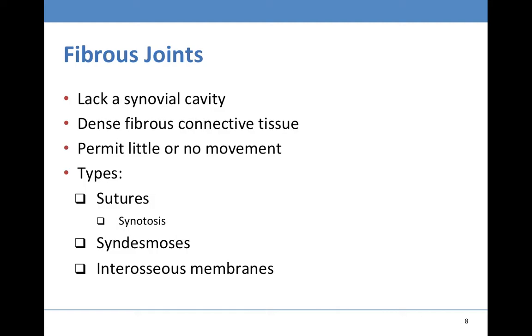So we said that little or no movement would make them a synarthroses or an amphiarthroses when we talk about their functional classification. But right now we're talking about the structural classification. So no synovial cavity present and dense fibrous connective tissue connecting the two articulations of the bones.